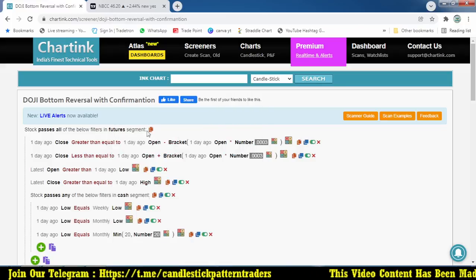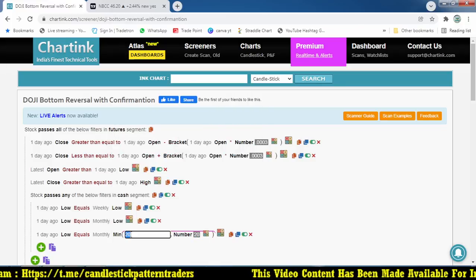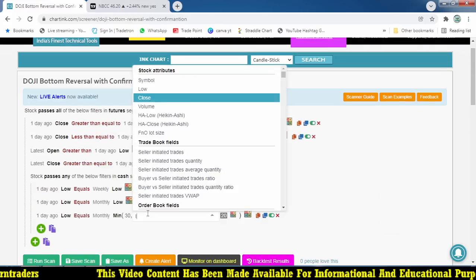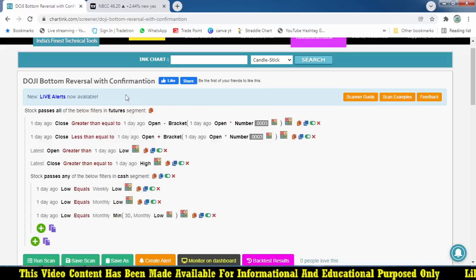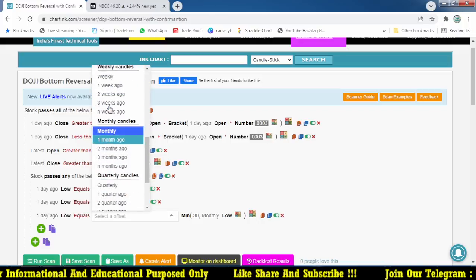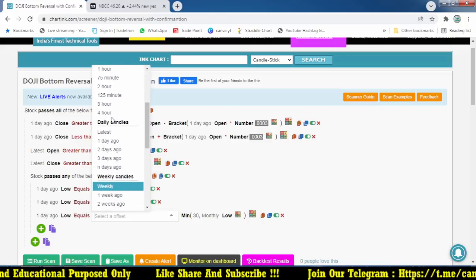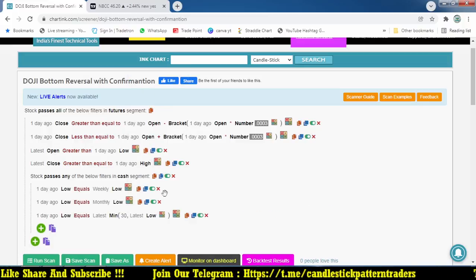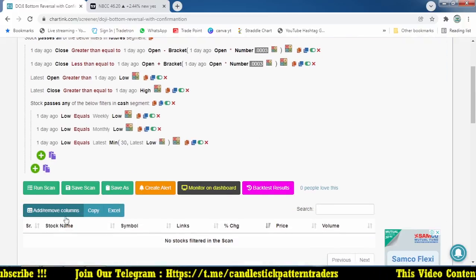We are going to use minimum 30. So this will test the 30 days low that we are going to focus on. So we use the latest. If you are using this filter, it will find them.